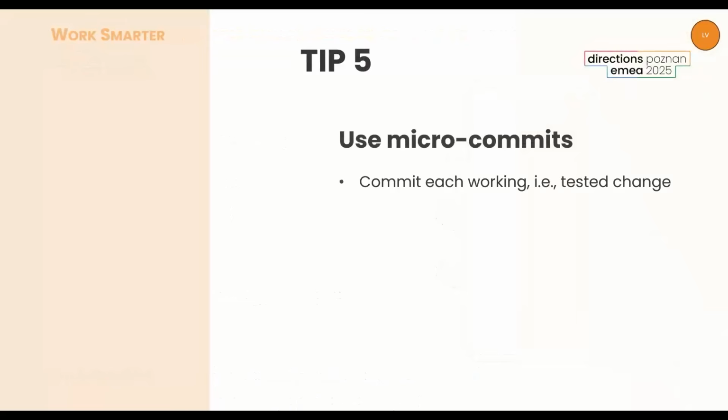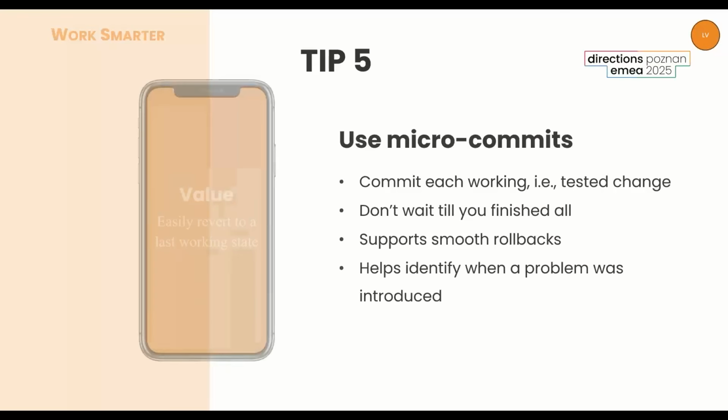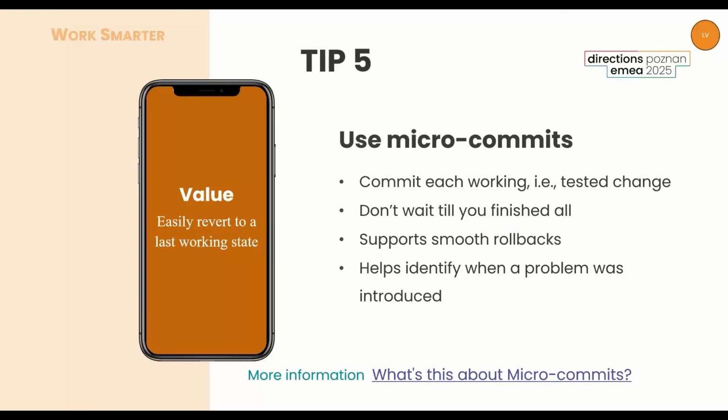Tip 5, use micro commits. I don't know if there is anybody still left that's not using source code management, but if you make a change, commit it. If a change is okay, and of course we'll get to testing also, but if you've tested it, and preferably in small steps, you make a small change, test it, okay, commit it. Don't wait till you're finished. If you finish everything, you might find out with testing that something is wrong, and where did it go wrong?